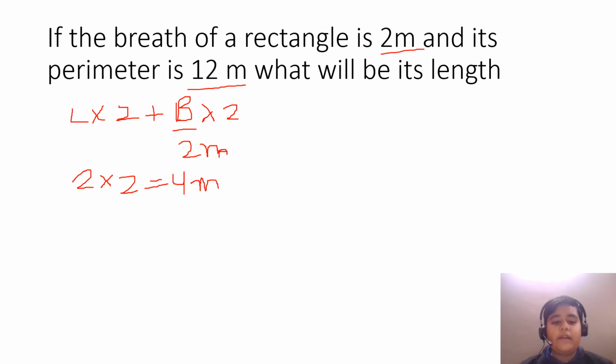So here we know that the rest in the perimeter will be after multiplying length into 2. So now we will know what is the total after multiplying length into 2, which will come after subtracting 4 from 12. 12 minus 4, which will be equal to 8.